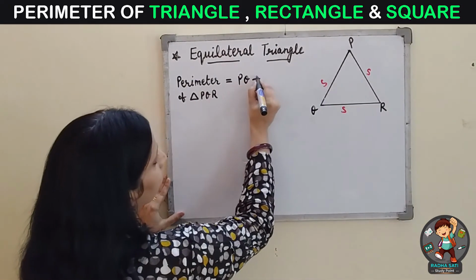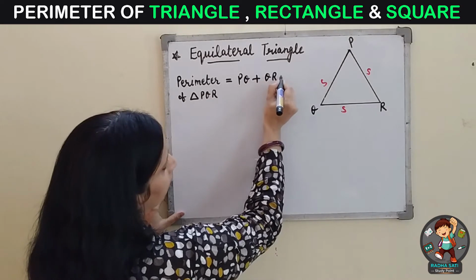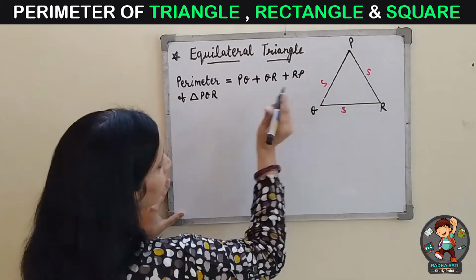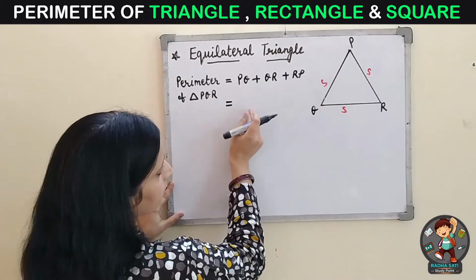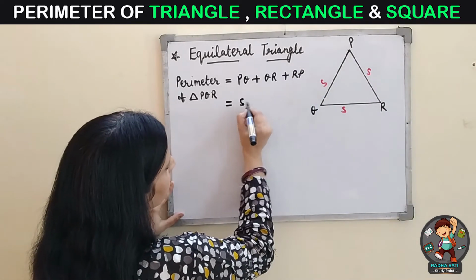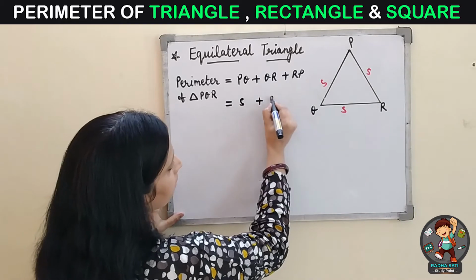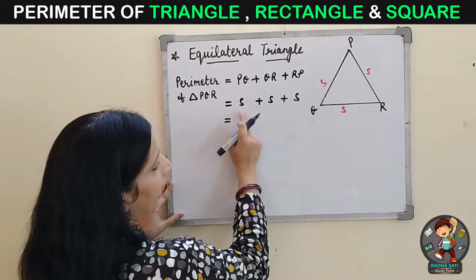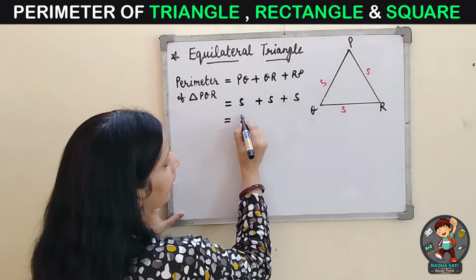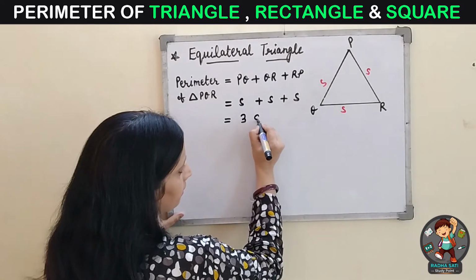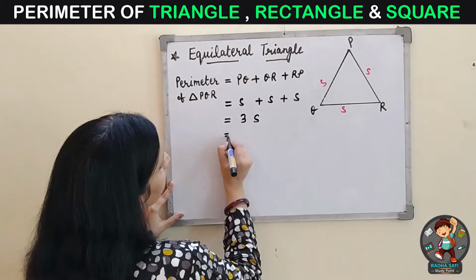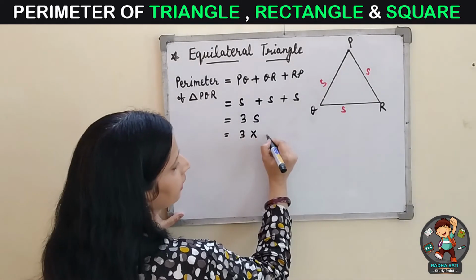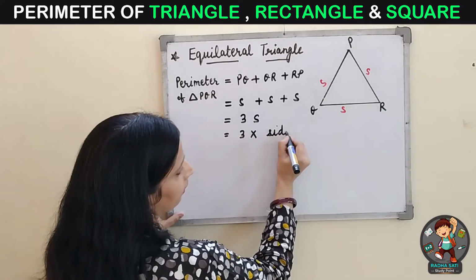Writing their lengths, it is S, S and S. When we add these, we get 3 times S, where S indicates the side.